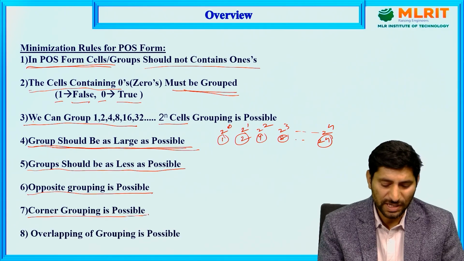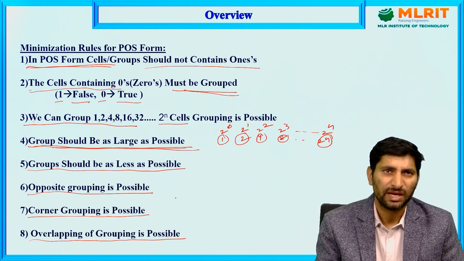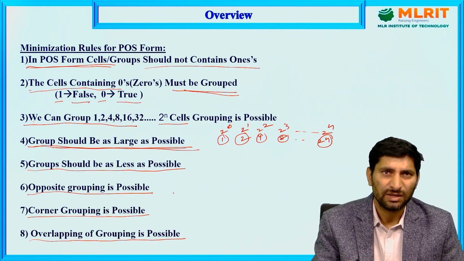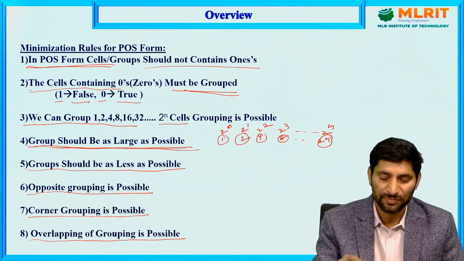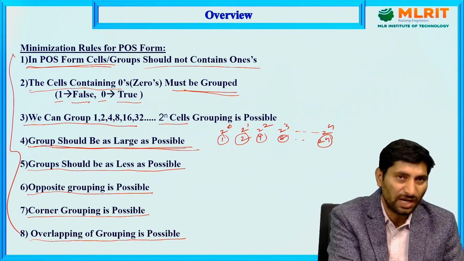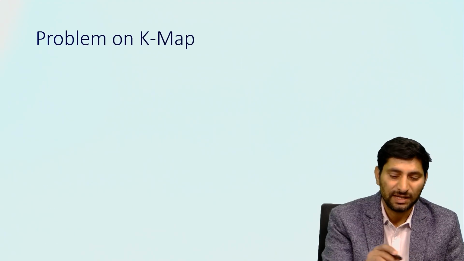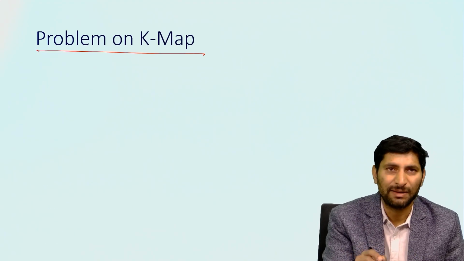Next, corner grouping is possible. Finally, the 8th rule is that overlapping of groups is possible. If I want to minimize a K-map using POS form, we have to follow these 8 rules so that we can get effective minimization.